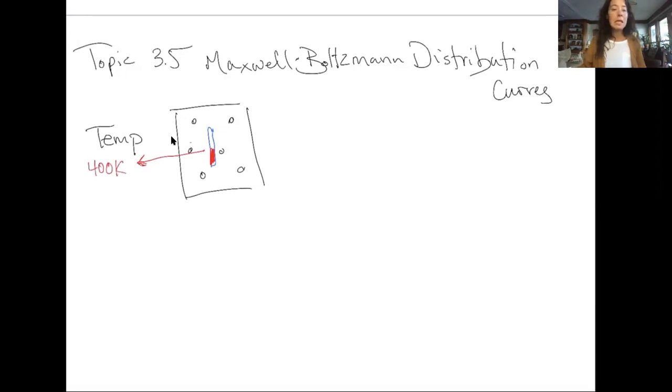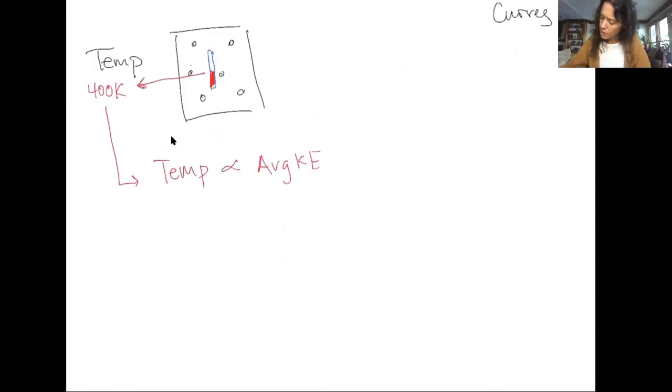Well, what does that mean? You need to know that temperature is directly proportional to the average kinetic energy. And the kinetic energy is equivalent to 1/2 mv squared.